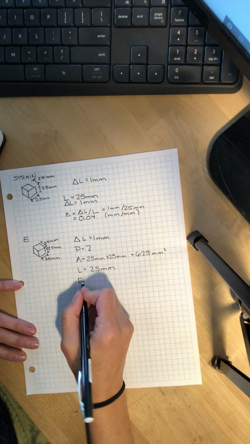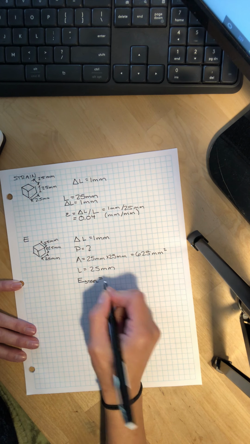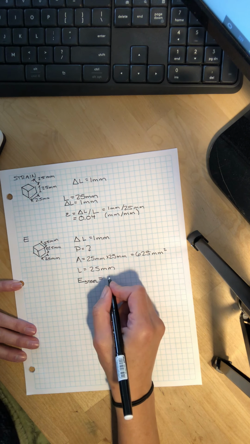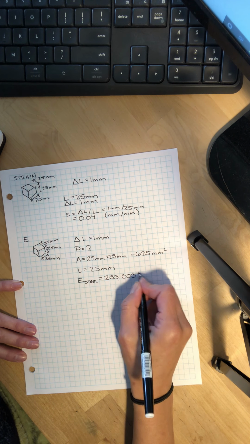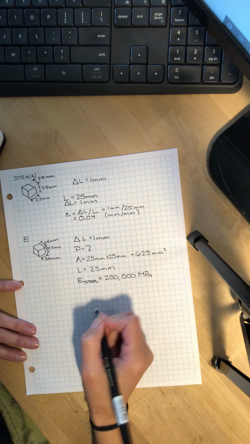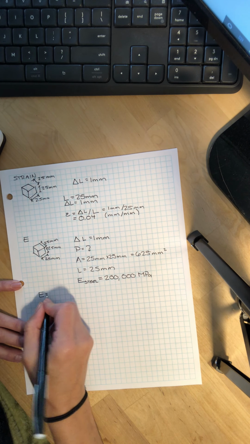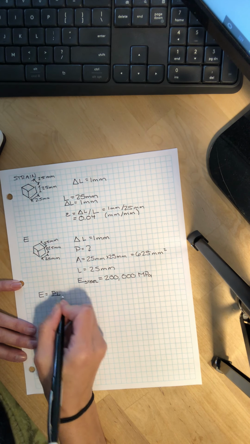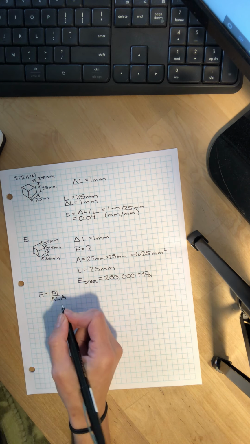And we know the modulus of elasticity of steel. It's one of the few things I'm making you guys memorize, and it is 200,000 MPa.